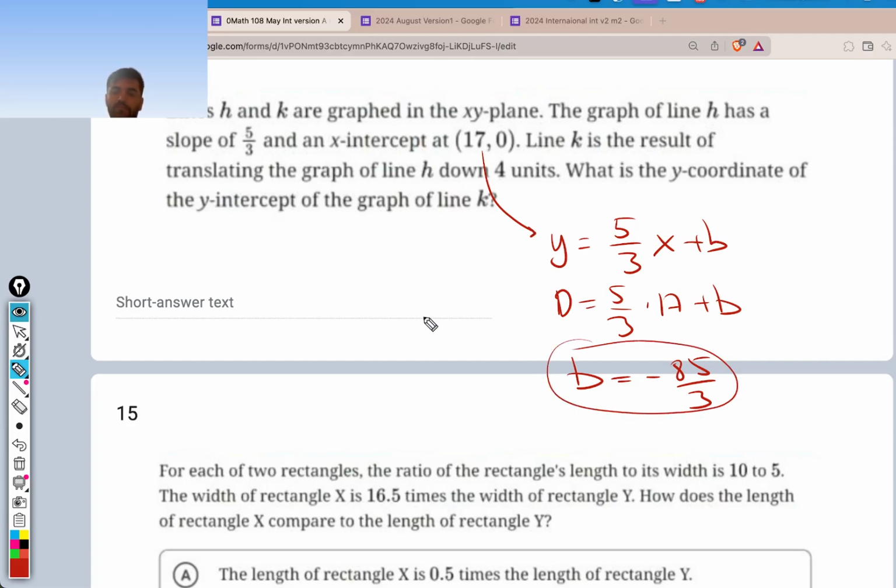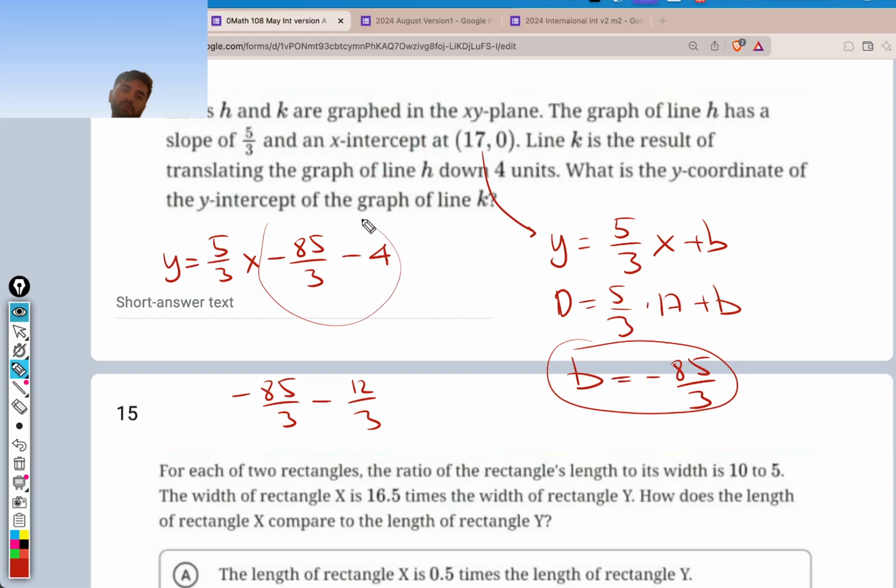Like that. From here we can write it like this again. Y is equal to 5 over 3x minus 8, 5 over 3. Then right here minus 4. Then negative 85 over 3 minus 4 will be like this. Or you can also calculate this part with just using decimals. It will be 97 over 3 negative. And this is the correct answer.